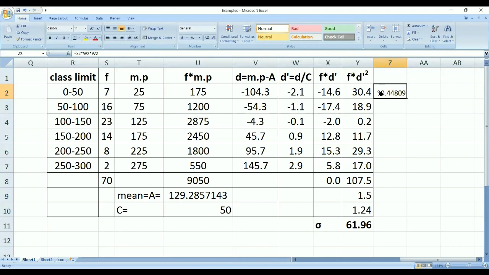You can do it this way or that way, the answer is the same. So now you can sum all the things.